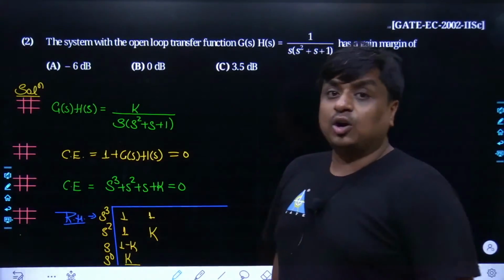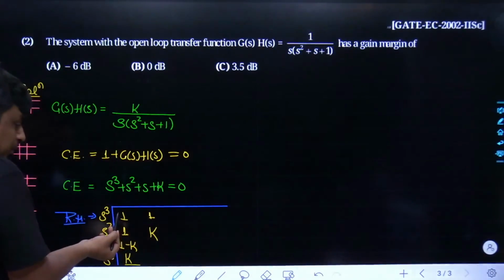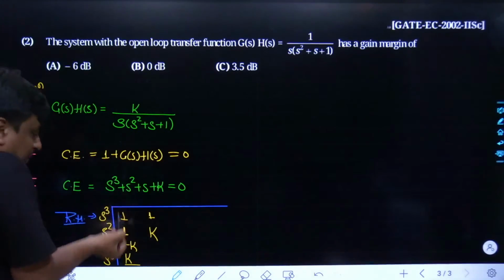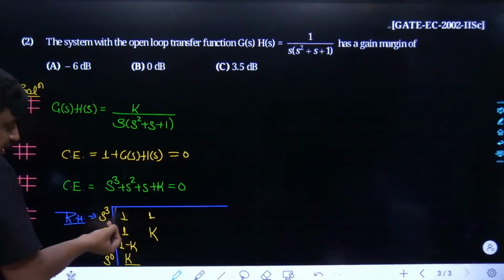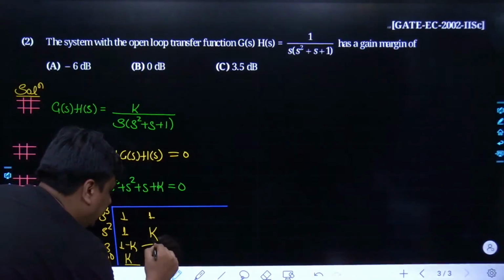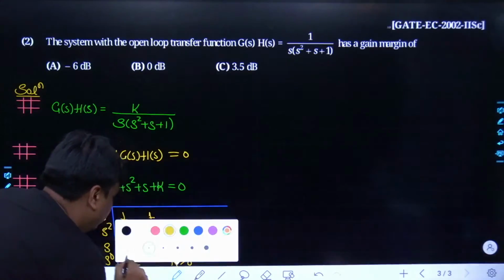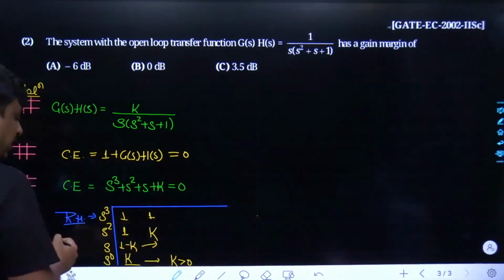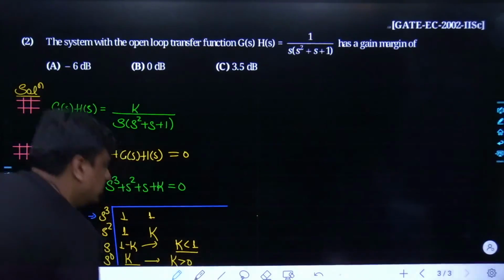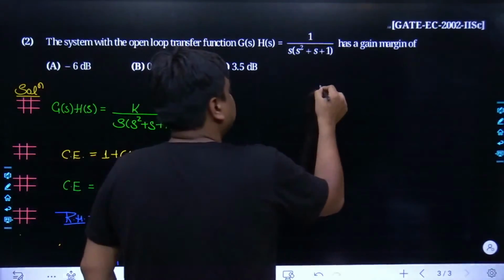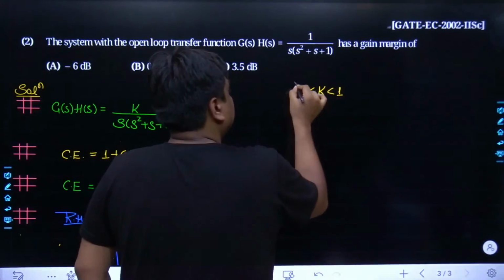If we talk about the stability of the system, the first column should be positive, and there should not be any sign change. The last element indicates K has to be greater than 0, and similarly the second last row indicates the value of K has to be lesser than 1. So may I know what had been the range of K for the system to be stable? It has to be this.